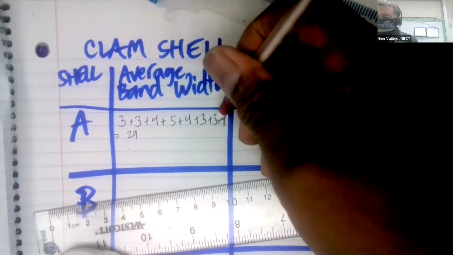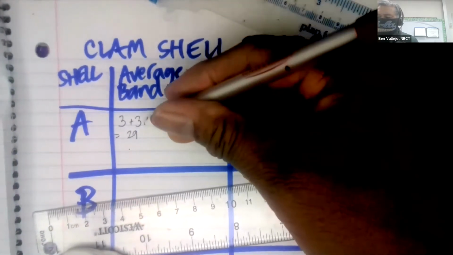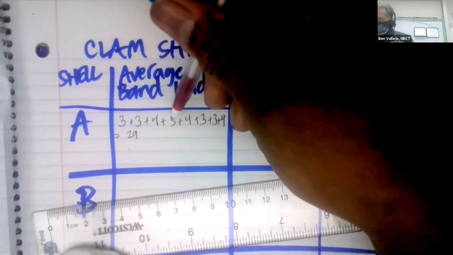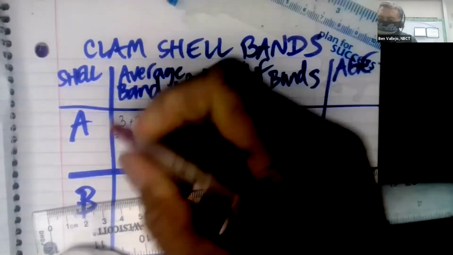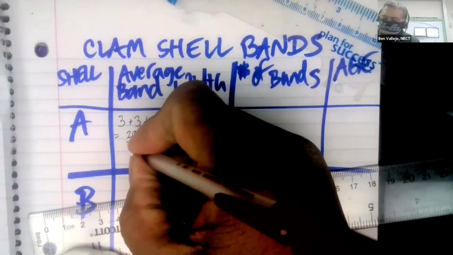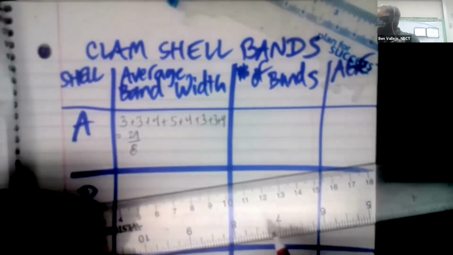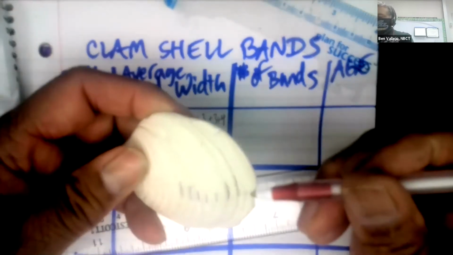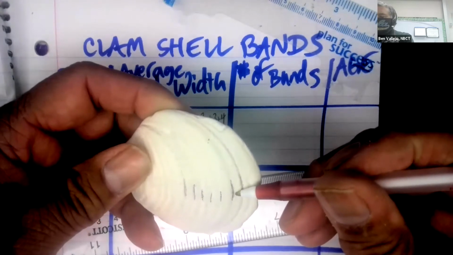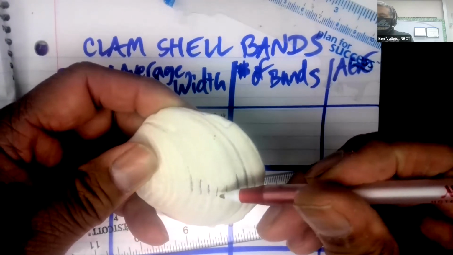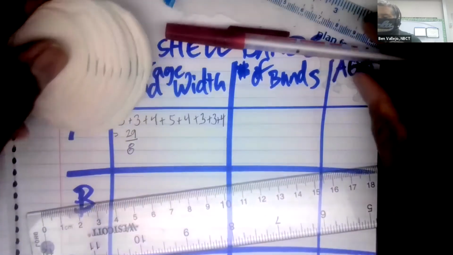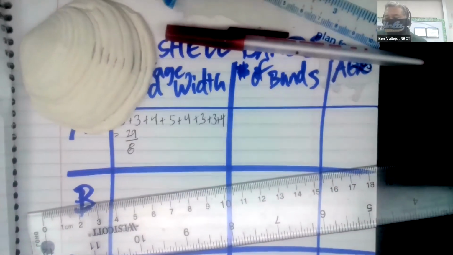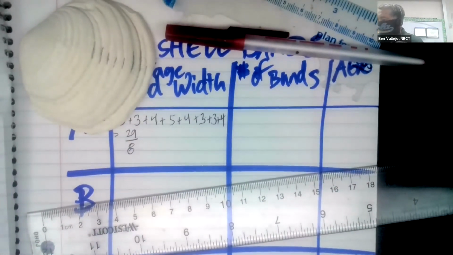Okay, and I have 1, 2, 3, 4, 5, 6. Wait, 1, 2, 3, 4, 5, 6, 7, 8. And I have 8 bands that we counted. Let's make sure: 1, 2, 3, 4, 5, 6, 7, 8 that I counted. So now I'm going to take the average.